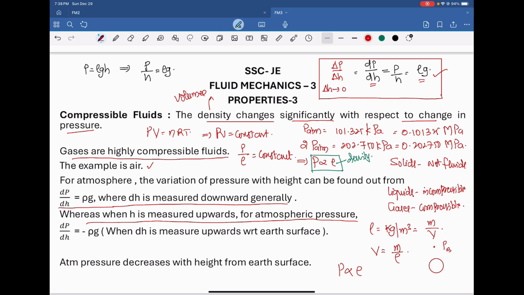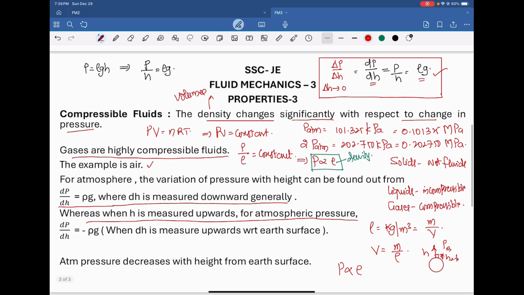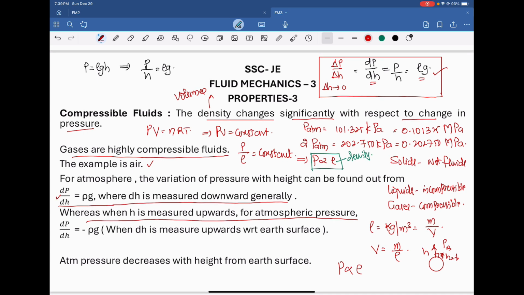Whereas when H is measured upwards in an atmosphere, here it is the earth, if we want pressure PB, then we will be measuring H upwards. Say we kept a beaker on the earth surface, I am only exaggerating.